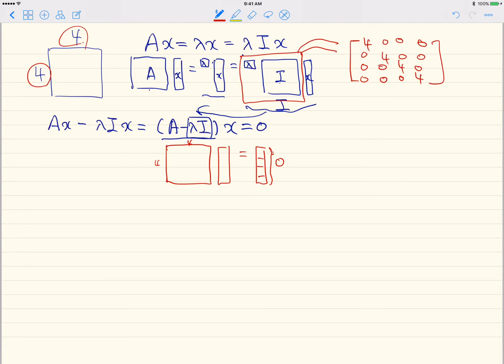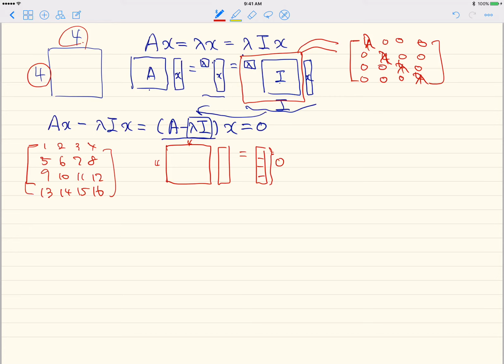Let's change the 3 to lambda, because I just used it as an example. These diagonal entries should be lambda because we don't know yet what lambda is. And then matrix A is 4 by 4. I said the size of the matrix too large, but okay, this is the 4 by 4 matrix that we have.